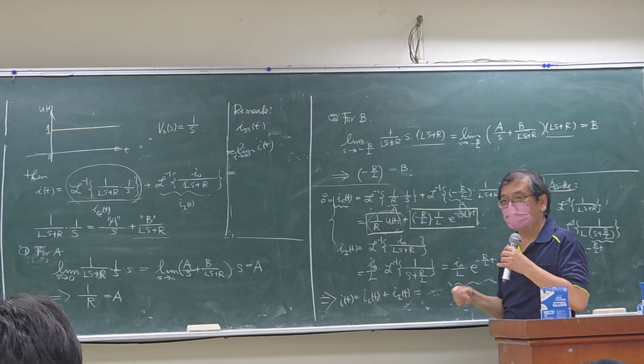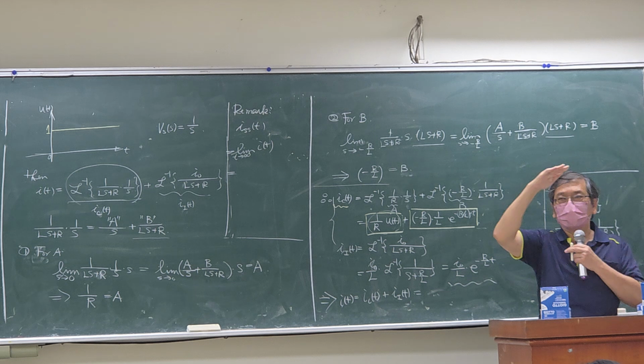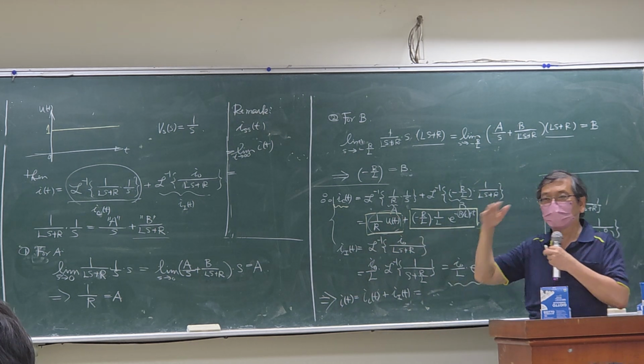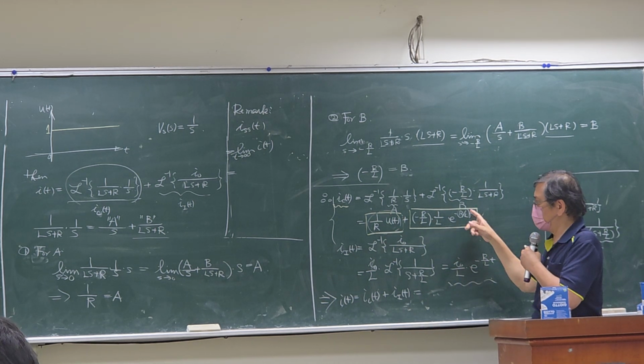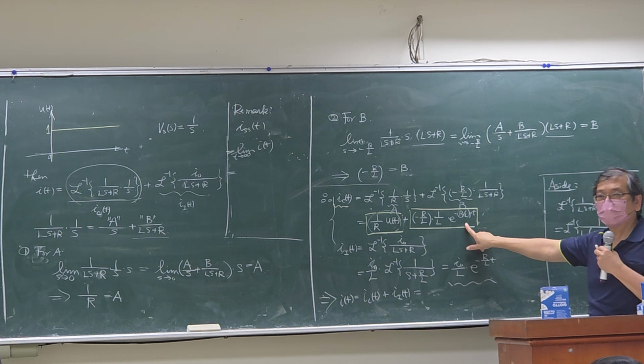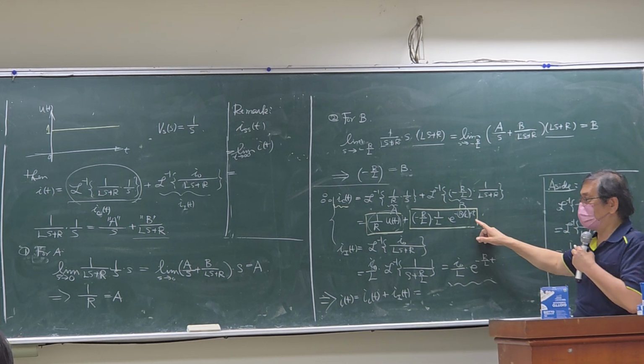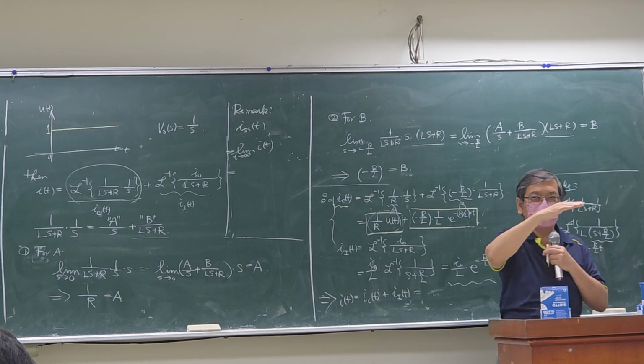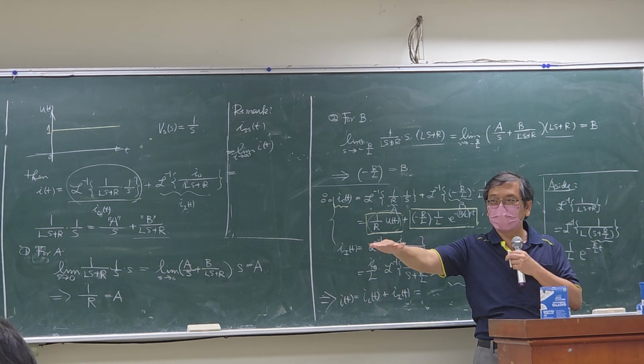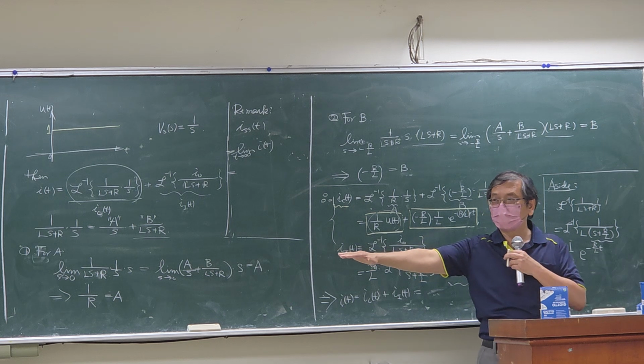The unit step is always equal to 1, times 1 over R. And the second term is an exponential decay function, so it will decay and eventually approach 0 after a long, long time.